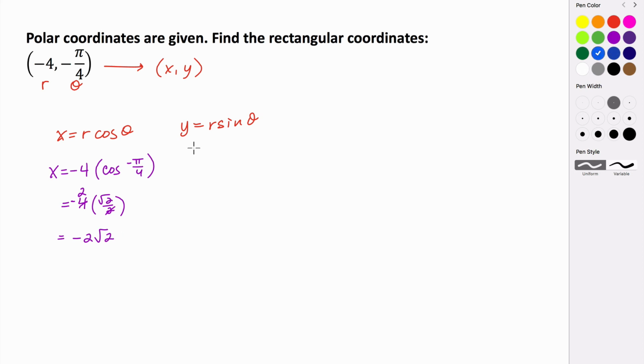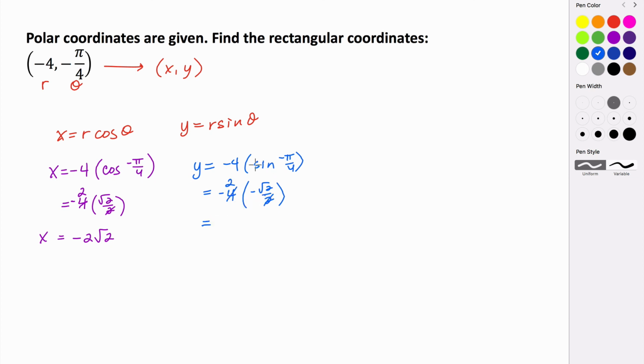That's the x. For y, it's y equals -4 times the sine of -pi over 4. So at -pi over 4, the y coordinate is -rad 2 over 2. So it's -4 times negative square root of 2 over 2. Negative times the negative is going to be positive.